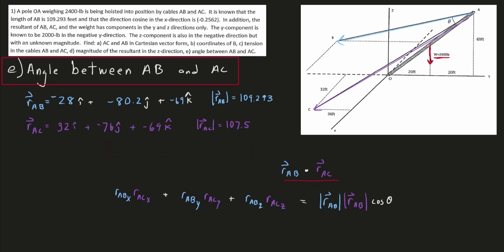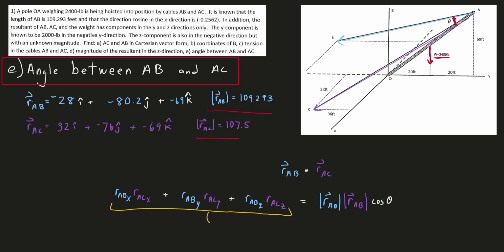So we can just use the dot product to figure out what our angle theta is. This guy right here. And we know all the information we need. We know the lengths of both vectors, the magnitudes, and we just have to multiply each component together and then add those up so we can get our cosine of theta by itself.